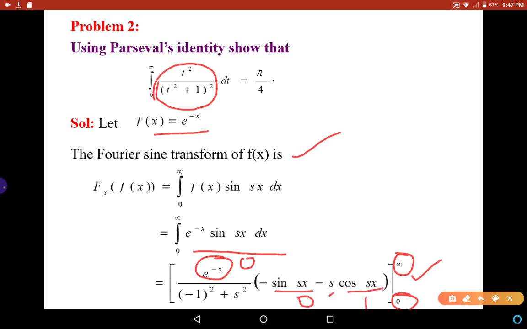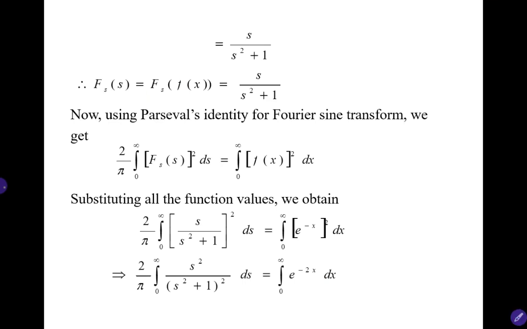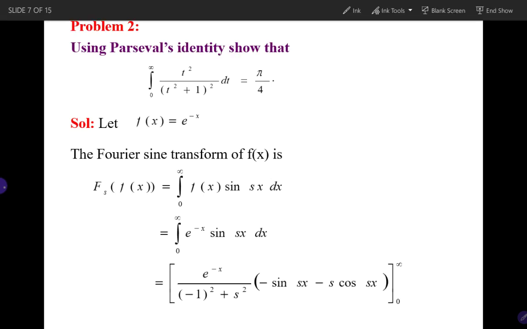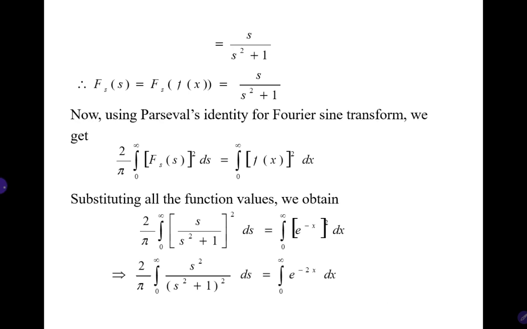Therefore we will have s here. So after substituting the limits, we get s by s square plus 1. Therefore, the Fourier sine transform of e power minus x is s by s square plus 1.